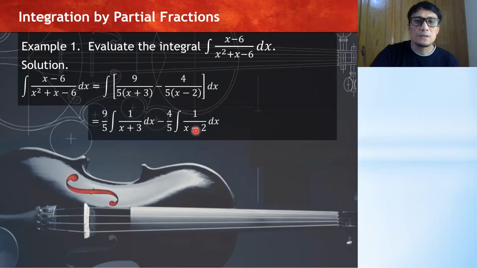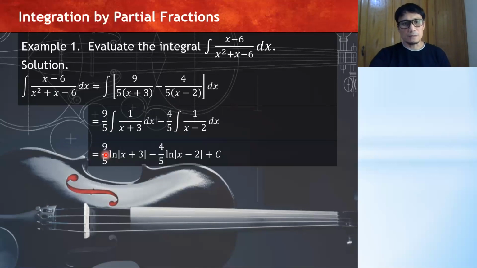Your u is x minus 2, the du is dx. So no problem. We can evaluate directly now the integral. So this will become 9 over 5 ln of the absolute value of x plus 3, minus 4 over 5 ln of the absolute value of x minus 2. So we have this.